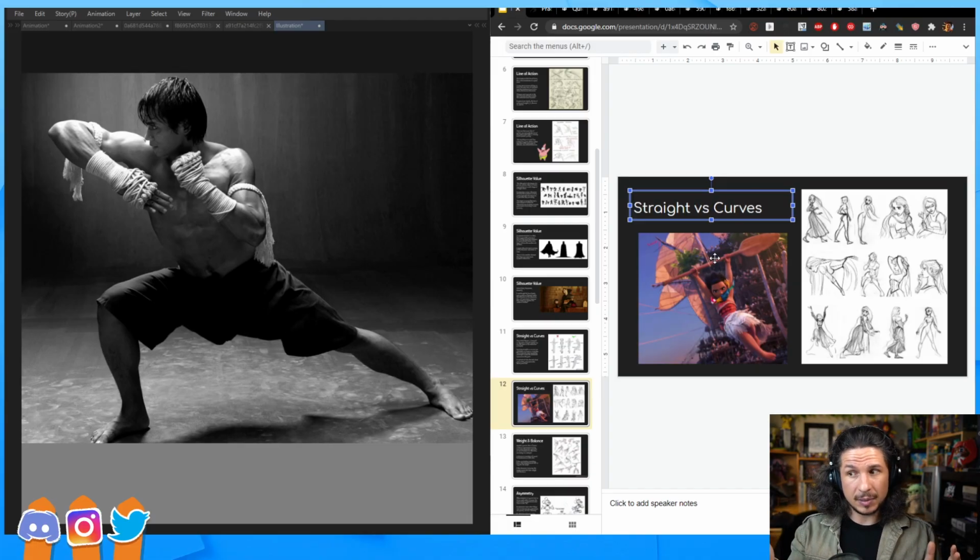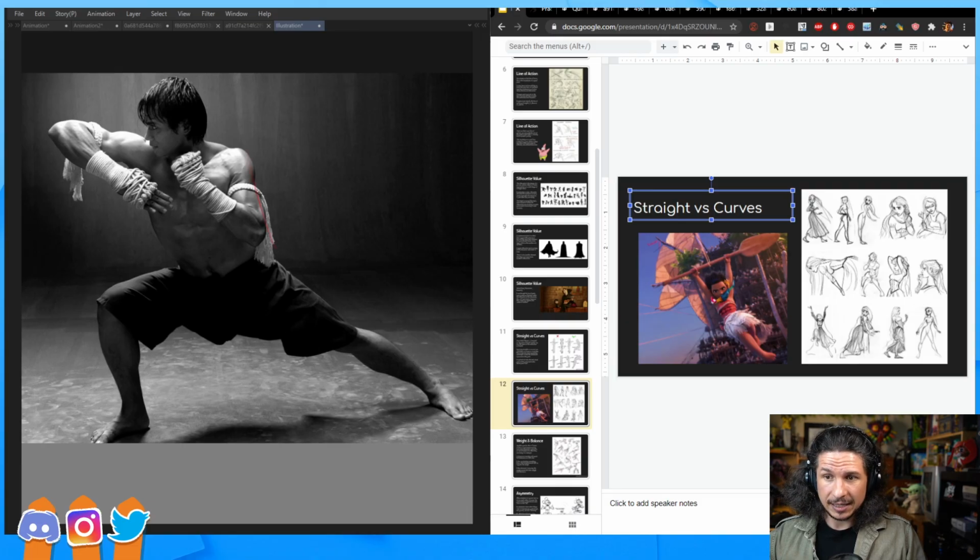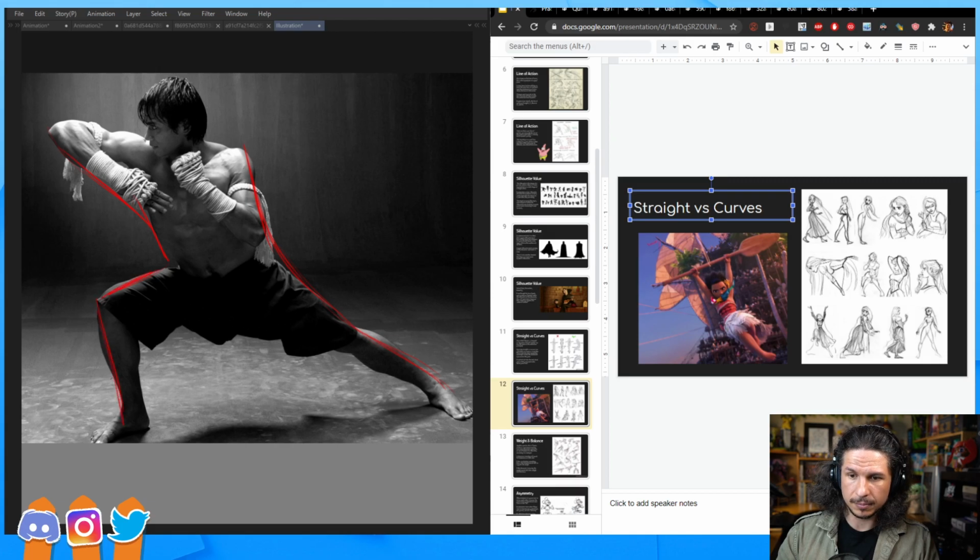On the other side, it's going to be more complex. Well, we can actually see that here. On this side, you get a nice, simple form. On the other, we get a complex form. That adds visual interest. Simple versus complex, straight versus curve. So we're taking all of this in.